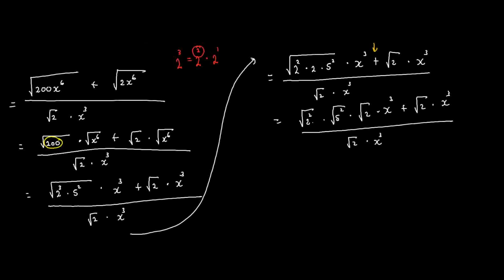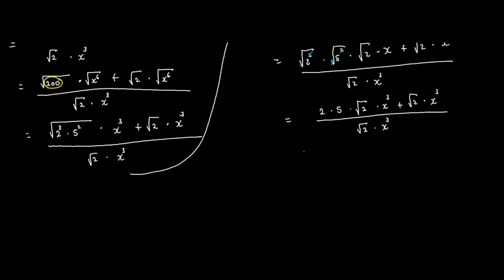Now, of course, the square root of 2 squared is 2 times 5. The square root and the square, they undo each other, so that's the reason why I deliberately rewrote 2 cubed as 2 squared times 2. The square root and the square, they undo each other, so I'm left with that positive value, times the square root of 2 times x cubed plus the square root of 2 times x cubed over the square root of 2 times x cubed, right?